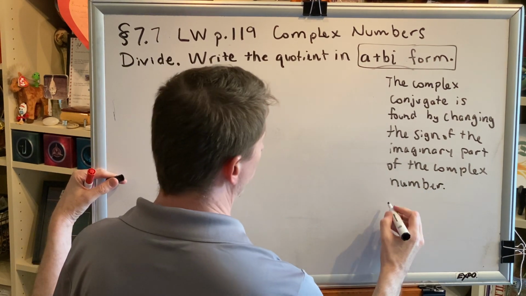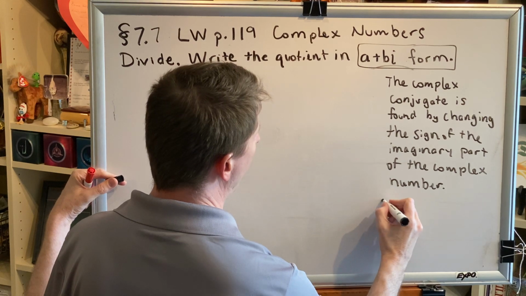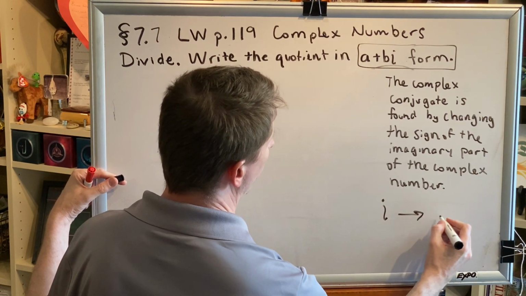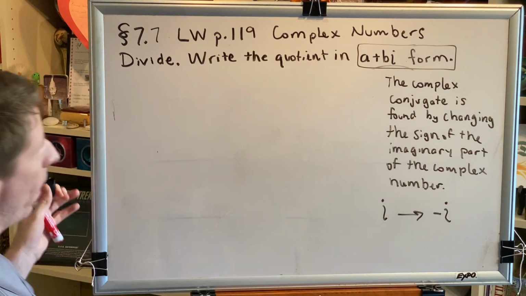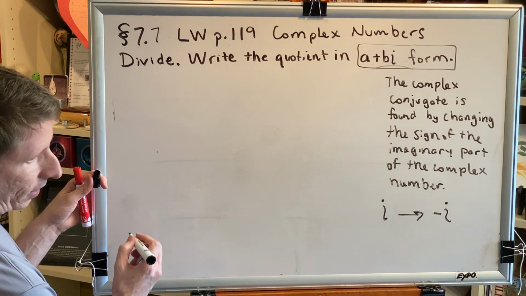So for example, if you start with i, then the complex conjugate would be negative i. All right, let's solve a problem involving that skill.